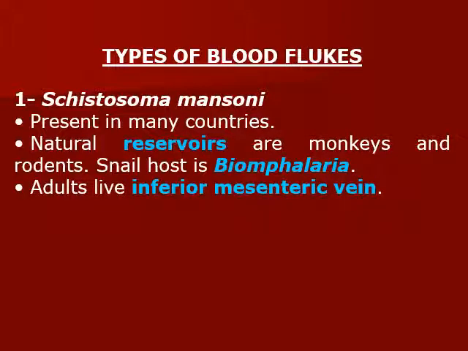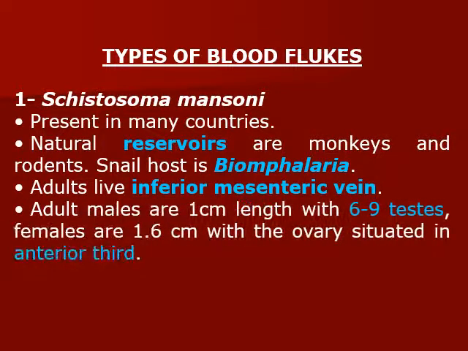Adults live in the inferior mesenteric vein, which is draining from the descending colon and rectosigmoid colon. The adult males are about 1 centimeter long with 6 to 9 testes.